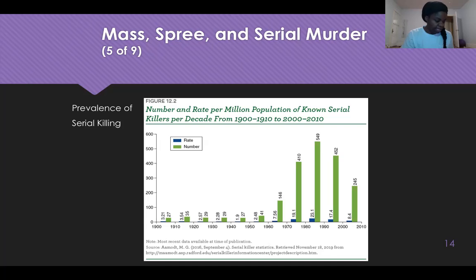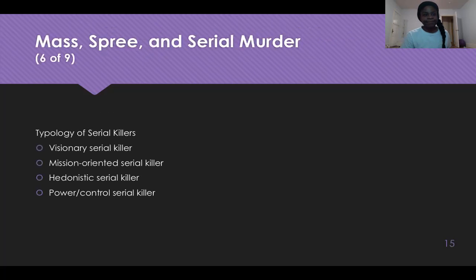The increase in the rate of killers from the 1950s to the 1990s is probably only partly a real increase. So pause and then continue. The typology of serial killers.